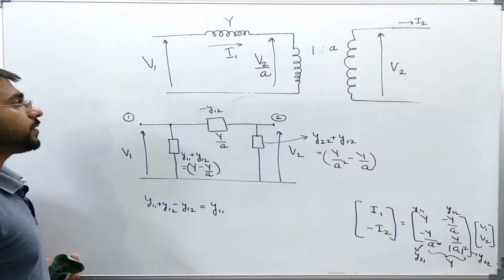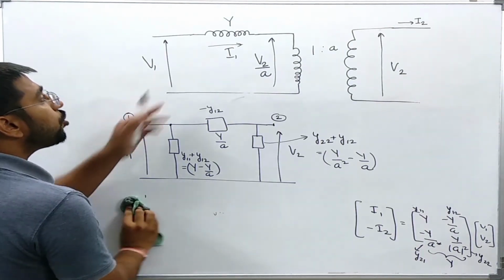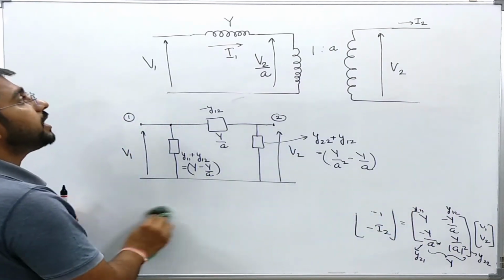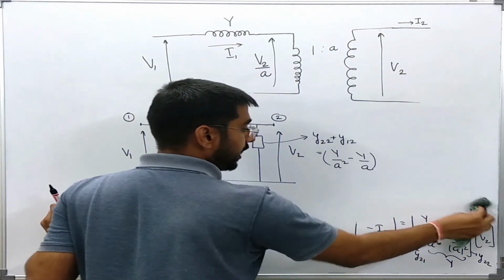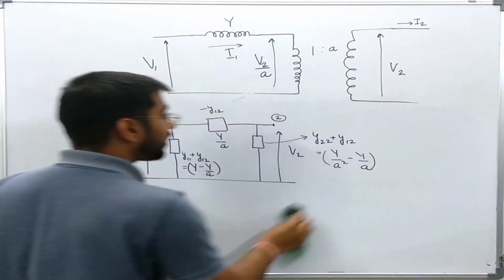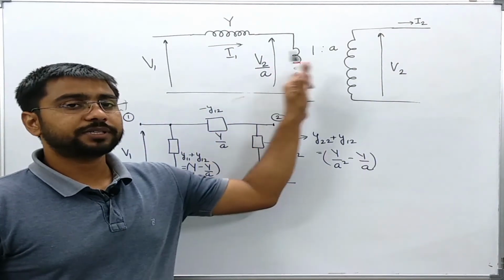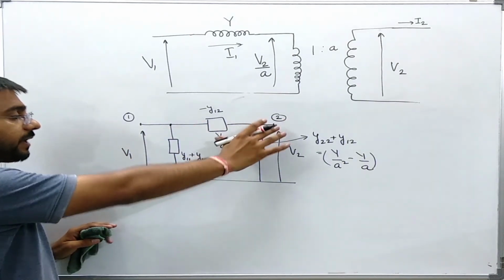So in this way, what I have done here, I have represented the off-nominal tap ratio transformer with a known identity showing the leakage admittance Y in terms of an equivalent network where there is no mutual coupling part or the transformation ratio part, and this has been taken care of in the equivalent network elements.